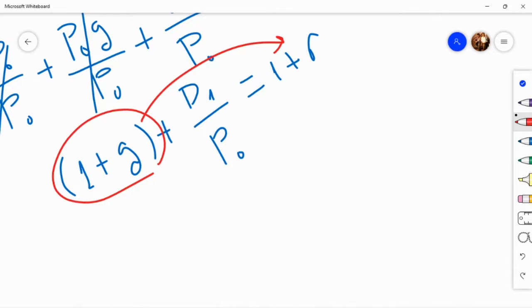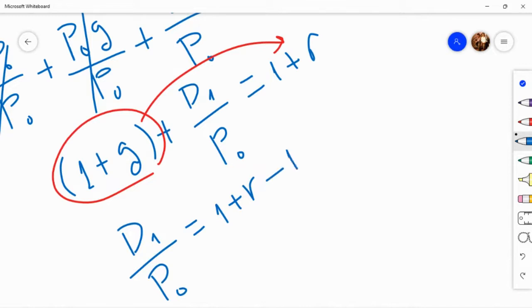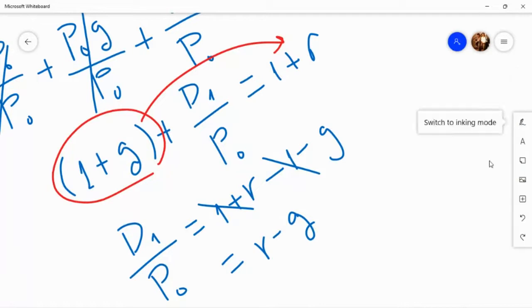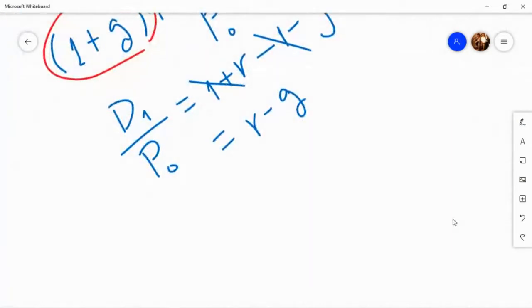If you transpose it to the other side, the left-hand side will be D1 over P0, and the right-hand side will be 1 plus R minus 1 minus G. They cancel out. We come to R minus G, right? There you go. We're almost there.